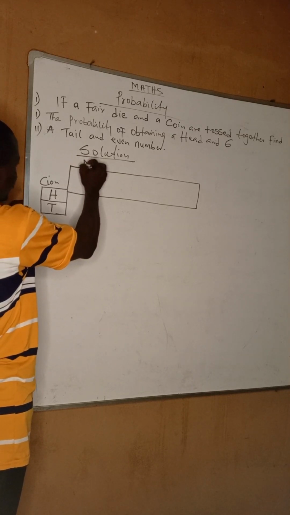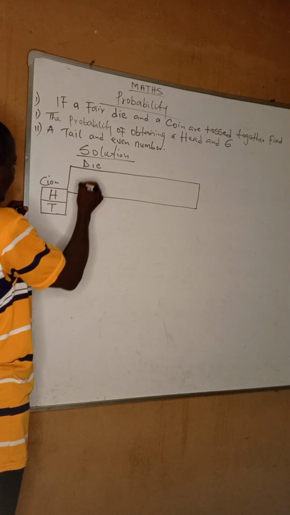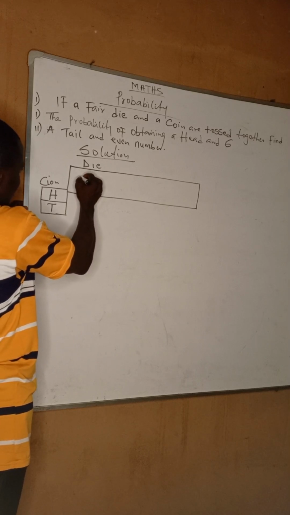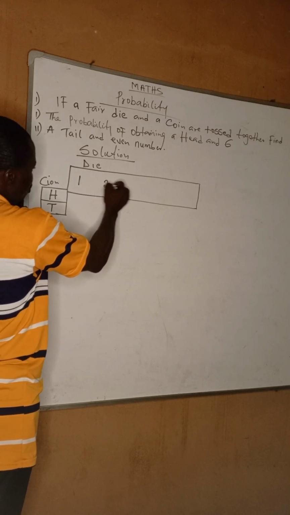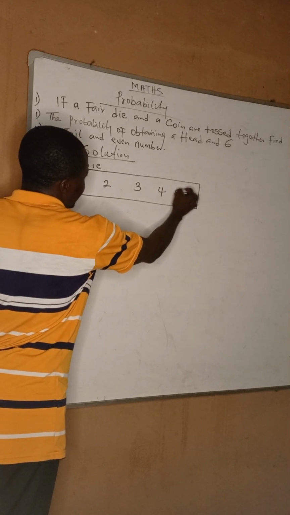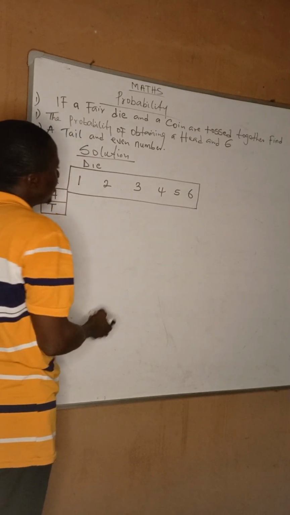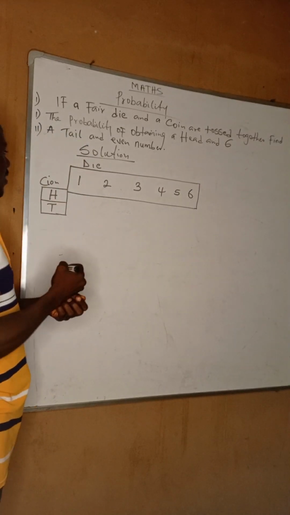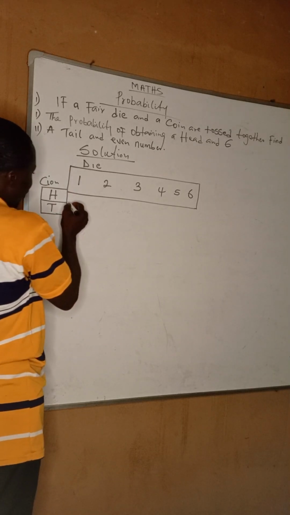For this side we will go for the die. Under the die we have the numbers 1, 2, 3, 4, 5 and 6. These are the numbers for the die. Now we start drawing our table.